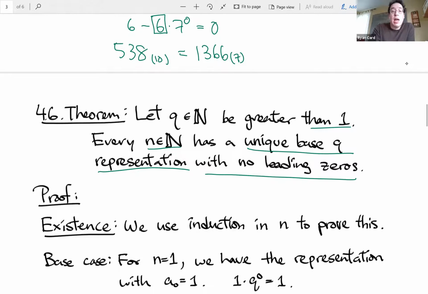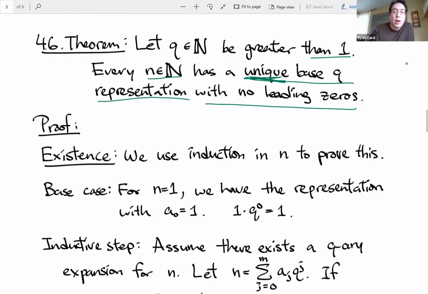And not only that, it would be very useful if there's only one way to write it in that base. So if you've written two different combinations of different powers of 7, for example, then it's a different number. That would be a useful fact to know. So there's two parts to it, existence and uniqueness. They will both take a little bit of work to prove. So let's start with existence.